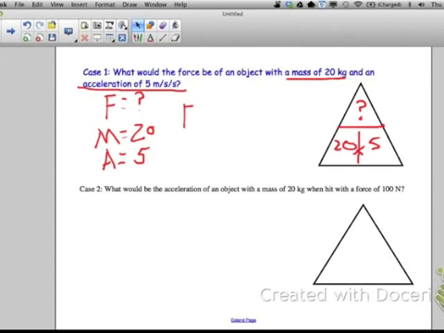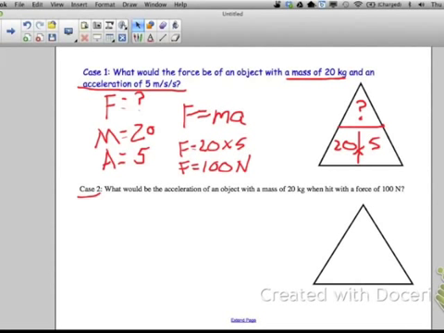So force equals ma, that's my formula. Force equals 20 times 5, so force equals 100, and my unit for force is newtons, N.